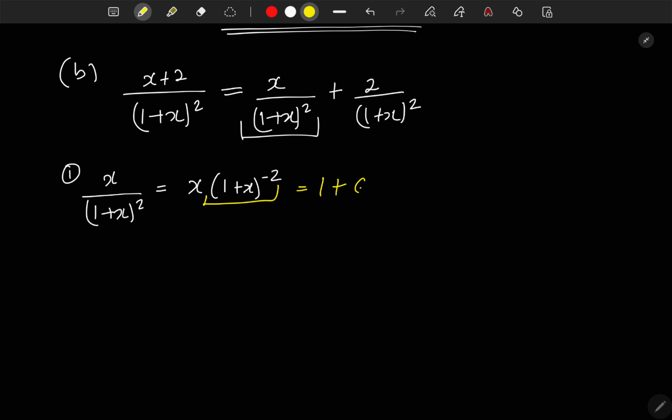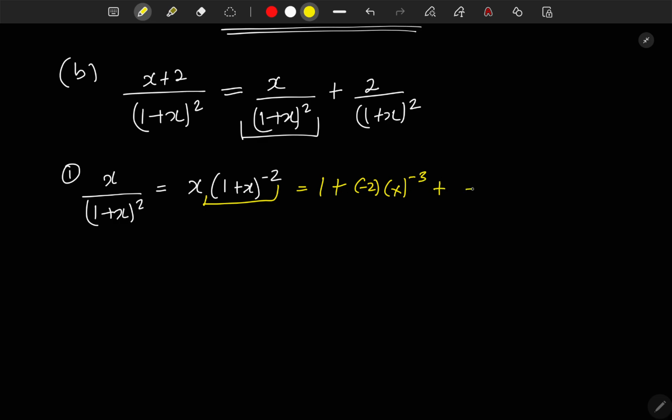Then 1 has already been dealt with. Then I'm going to have x raised to the power negative what? 3. Yes, this is negative. So negative 2, then minus 1, over plus.